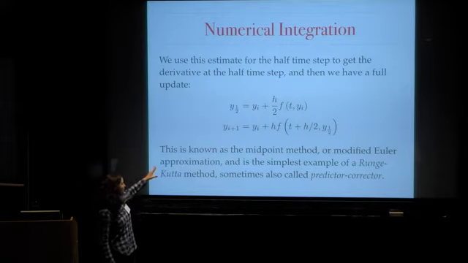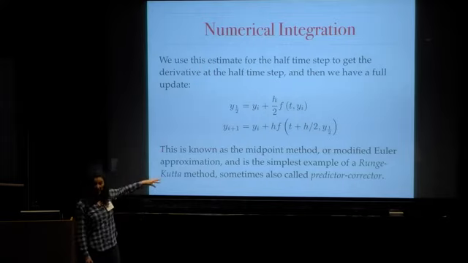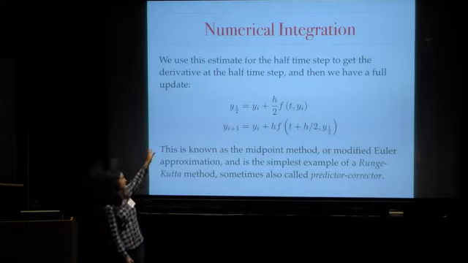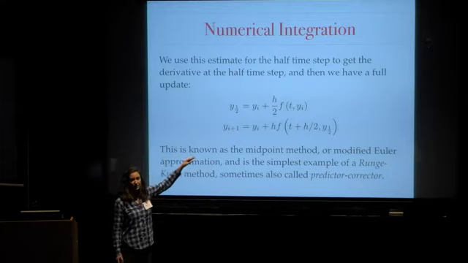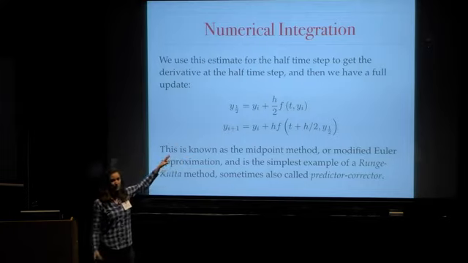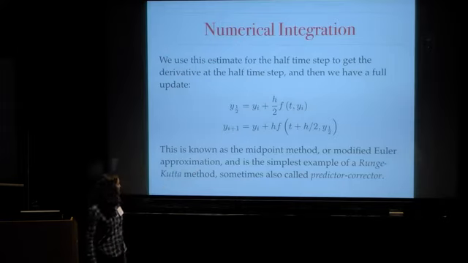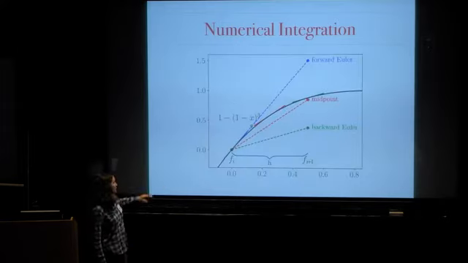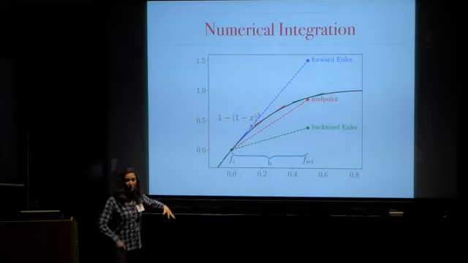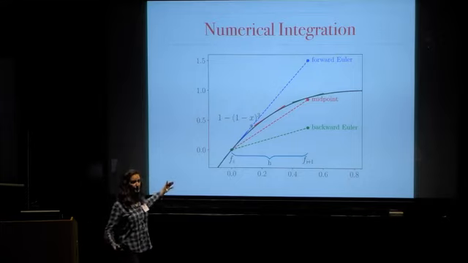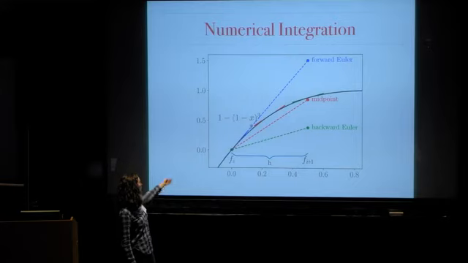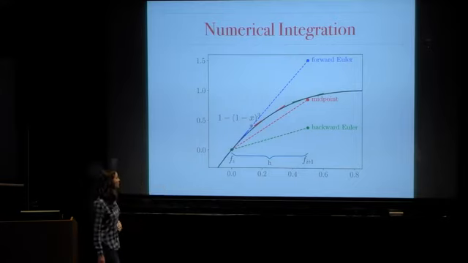We also sometimes call this a predictor corrector method, and you can see that's because the first thing we do is predict the value using a low order method, and then we correct it using these higher order terms.